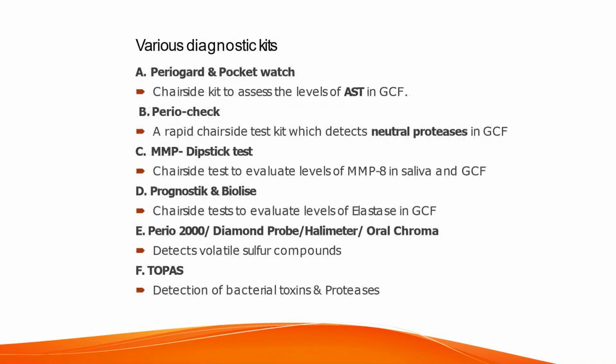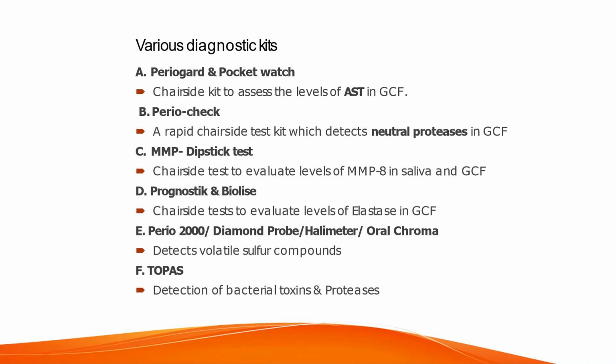Then we also have different diagnostic aids like PerioGuard or Pocket Watch, which assess the levels of aspartate aminotransferase, AST, in GCF, that is gingival crevicular fluid. Then PerioCheck, to detect neutral proteases in GCF. MMP, that is matrix metalloproteinase, is a dipstick test used to assess MMP-8 levels in saliva and GCF.